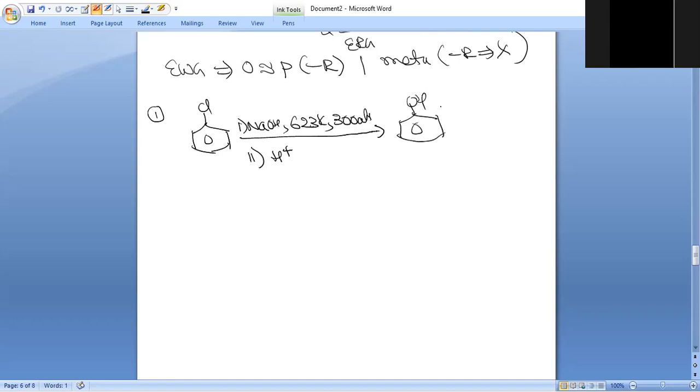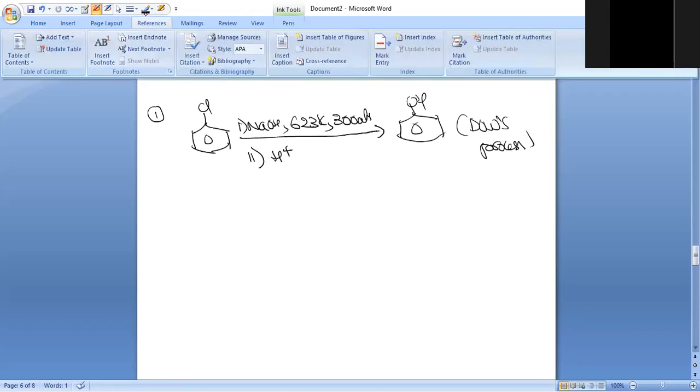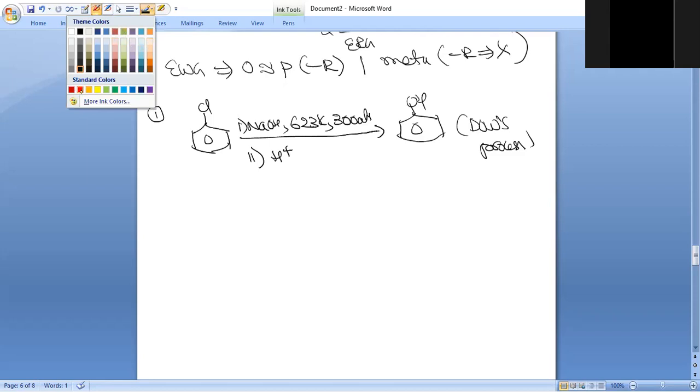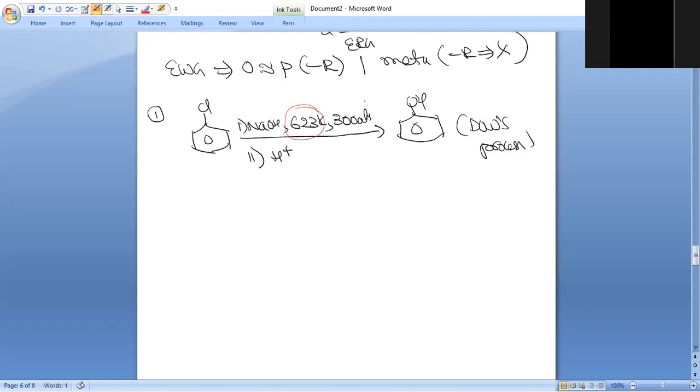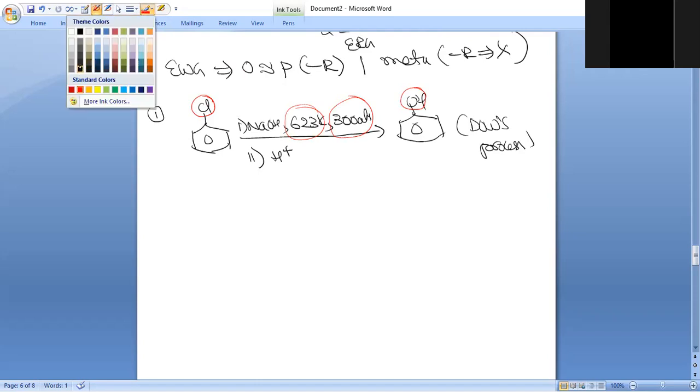This process is generally called Dow's process. See, without any electron withdrawing groups, we require high temperature and high pressure. Normally chlorobenzene is converted into phenol. To replace Cl with OH, we require high temperature and pressure, right? Clear?